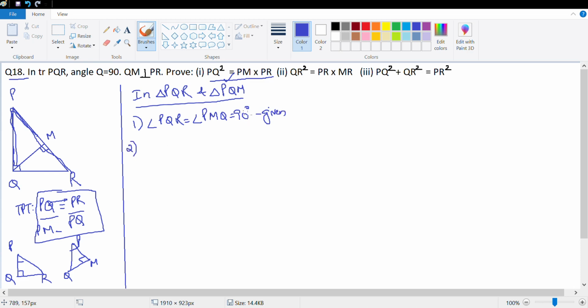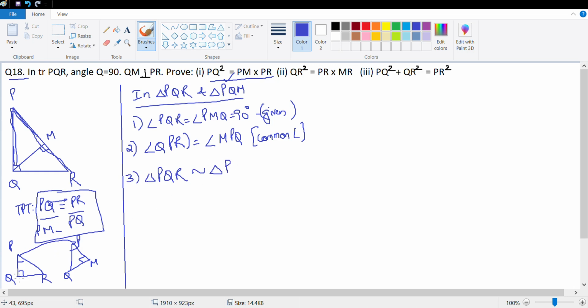And number two is angle QPR is equal to angle MPQ, common angle, which means triangle PQR is similar to triangle. Angle P was equal to angle P, so I will write P here. Q, which is 90, is equal to M, so I'll write M here, and that leaves Q here. So this is by AA test.